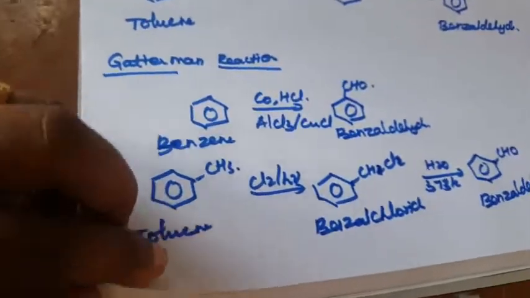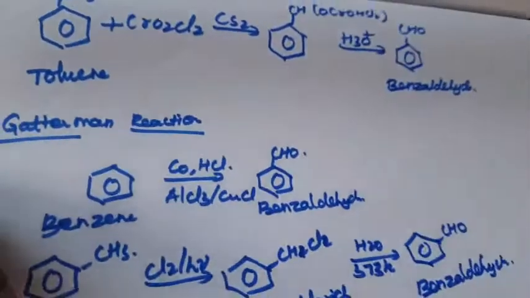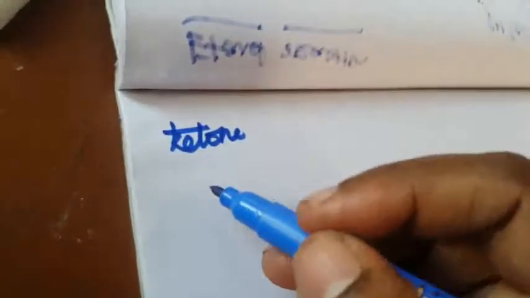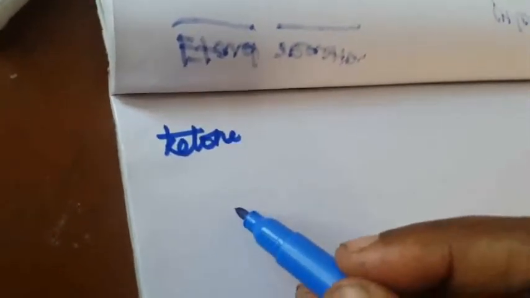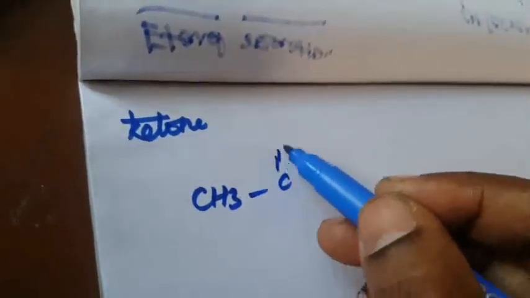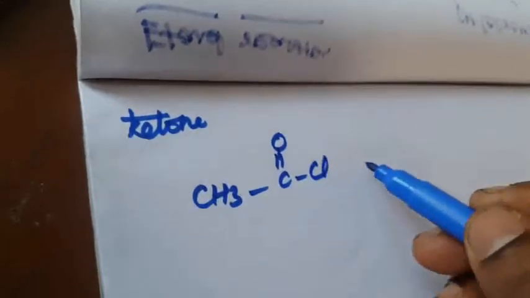Next one is how to prepare a ketone from dialkyl cadmium. That's the previous one we studied for aldehyde, now the ketone. So how do we write the ketone? Acetyl chloride. What is the formula of acetyl chloride? CH3 C double bond O Cl, acetyl chloride.